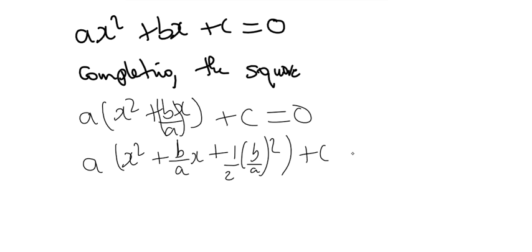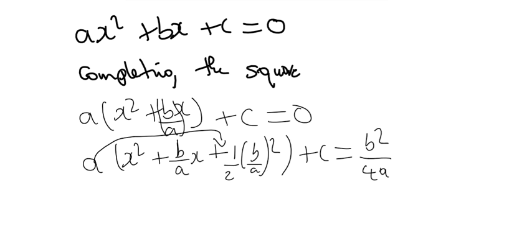We don't do anything to c yet, but we're going to add this term of b squared over 4a on this side. That b squared over 4a comes from when we simplify and expand this side, where a is multiplied to this side. It simplifies into b squared over 4a. One of the a's will cancel.